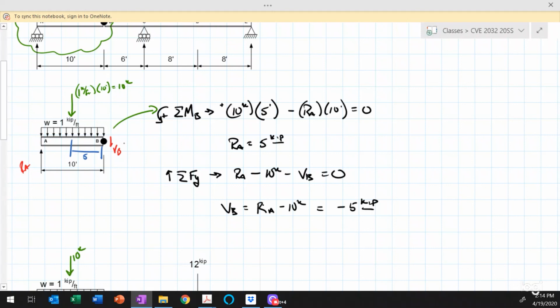So this equation here is a condition equation, and it is so called because we can only write that equation because of the condition of the fact that there's a hinge at B. So that gives us an extra equation of equilibrium that we can use to solve for that extra reaction force that we have in there. All right, so then in part B, we'll go through and use these reactions to solve for the shear force and the bending moment diagram for the beam.